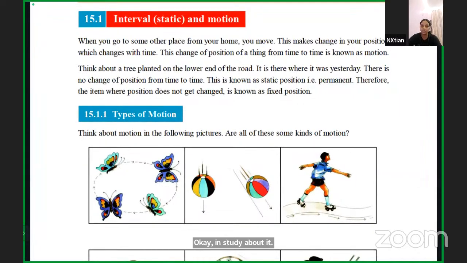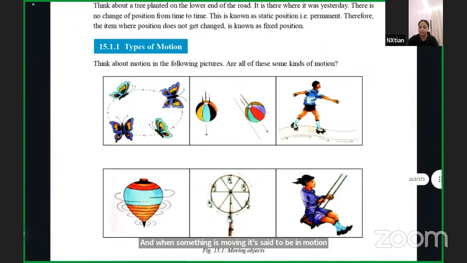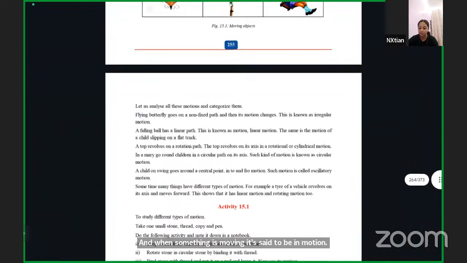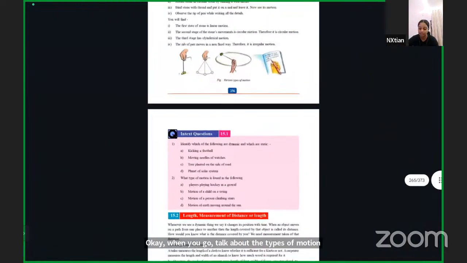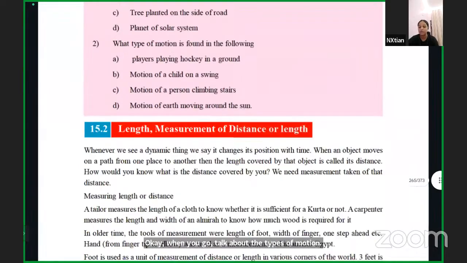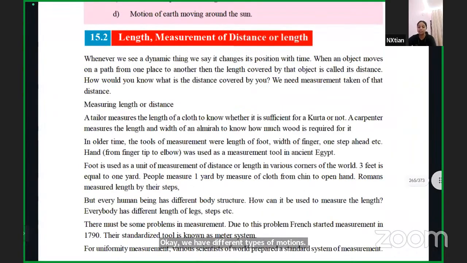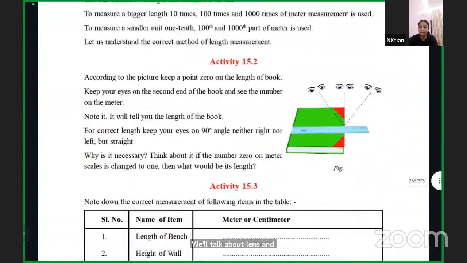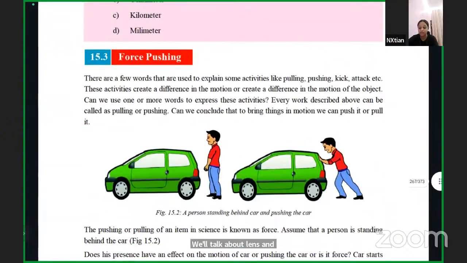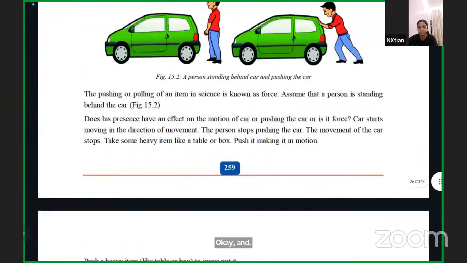We'll talk about static and motion. When something is at one place, it's known to be static, and when something is moving, it's said to be in motion. Then we will talk about the types of motion. We'll talk about length and measurement of distance, and we'll talk about force, pushing.